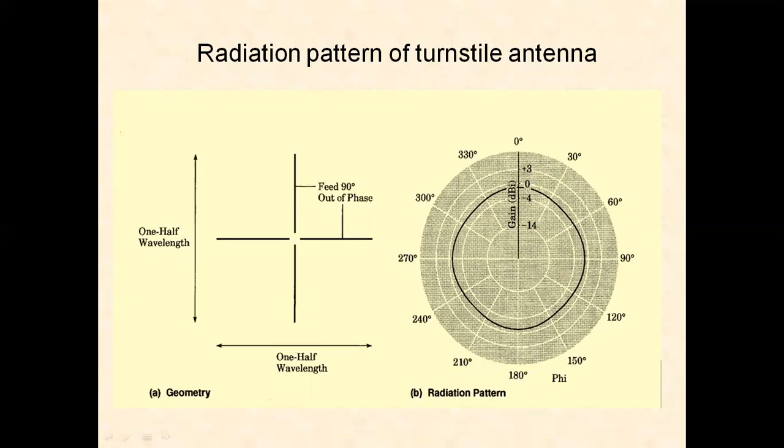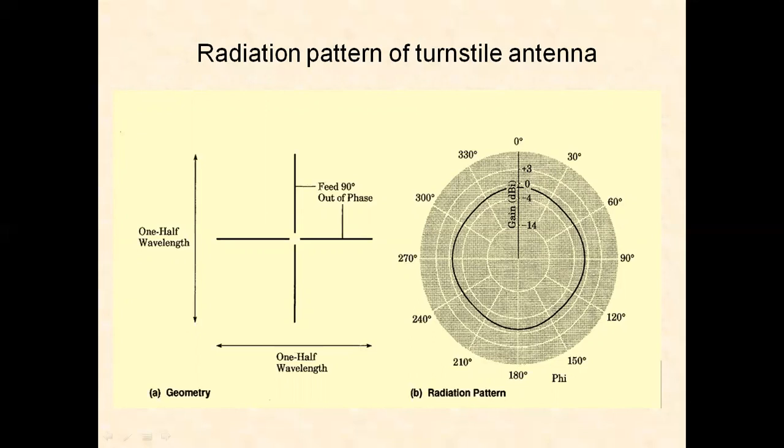In this type of antenna, two crossed dipoles are used in a turnstile arrangement. Turnstile means perpendicular to each other arrangement. The dipoles are fed 90 degrees out of phase. Each dipole has a figure of 8 pattern in the horizontal plane, but crossed with each other.